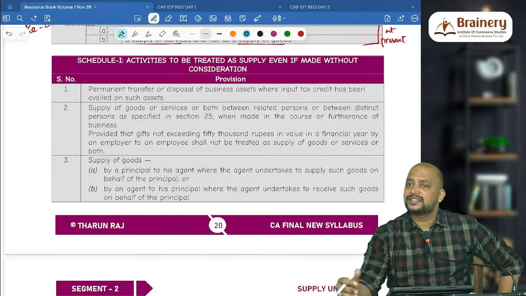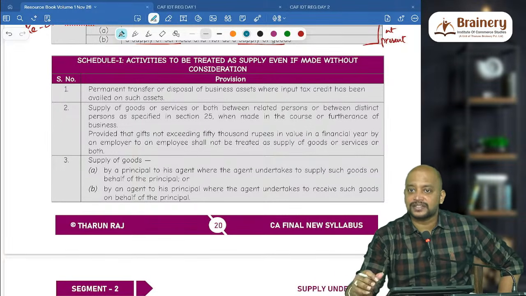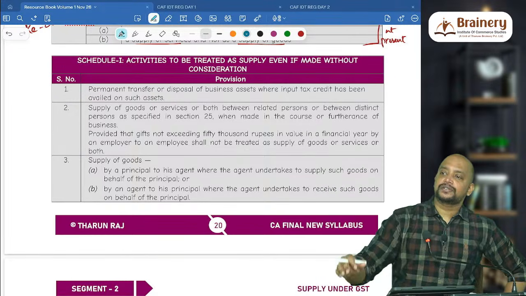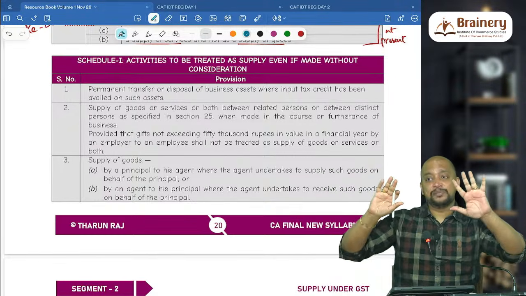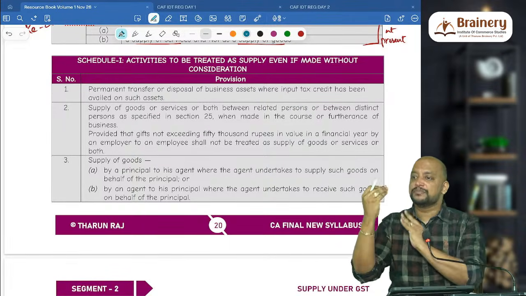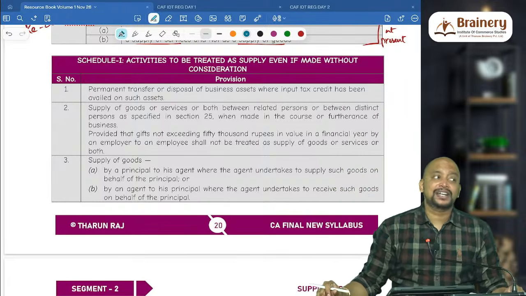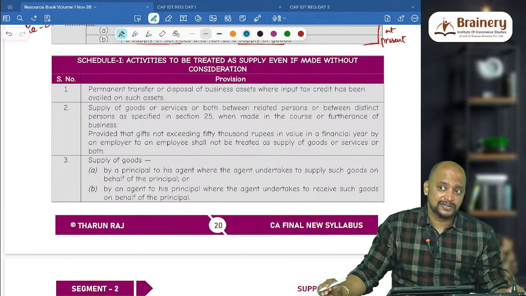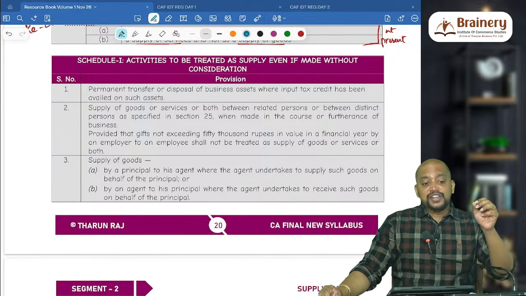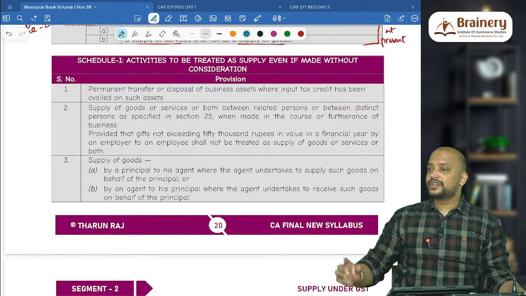I can sell it or I can gift it to someone else. Correct? So I donated it to an orphanage. For a classroom, this AC may not be effective, but for an orphanage, which is a small room, this AC may be effective. So therefore, I am gifting it to an orphanage. For consideration or without consideration? Without consideration, correct? So even though it is without consideration, it will become supply. That's what they are telling.